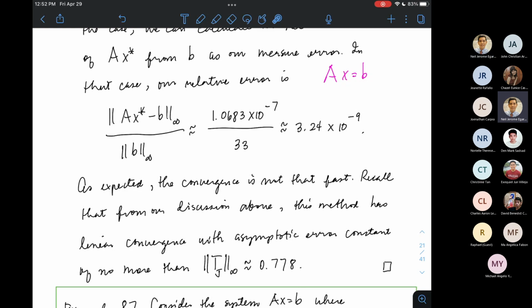That's not 10 to the minus 8 na stopping criterion, but that is to be expected because we know the convergence is linear. Okay? Tapos, gaano siya ka-linear, tingnan natin yung asymptotic error constant. And per the remark in the discussions above, the asymptotic error constant is not more than the operator norm of the iteration matrix.